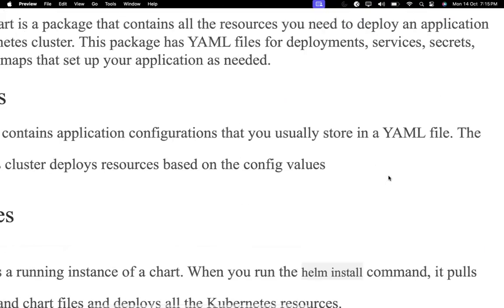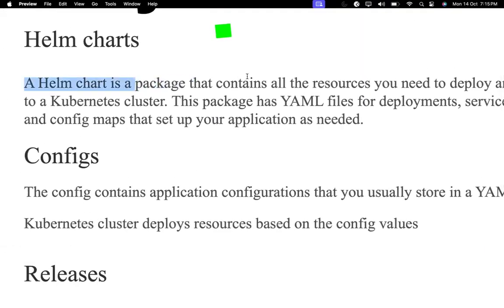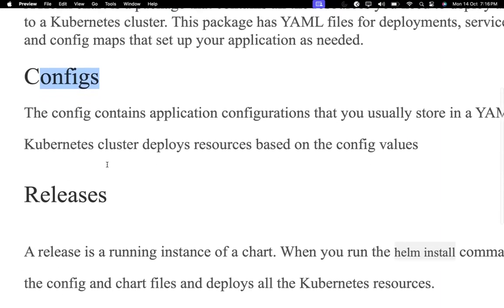Not only this, as I have told you, Helm is a package manager which contains all the deployment files together. Let's say I have an nginx deployment.yaml file, service.yaml file, config.yaml file, secrets.yaml file. All these deployment files, the Helm chart will hold together. As I have told you, configurations are also involved.